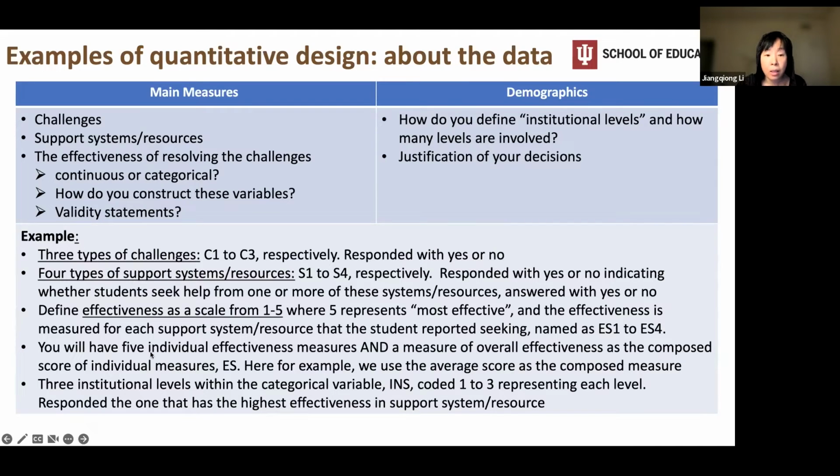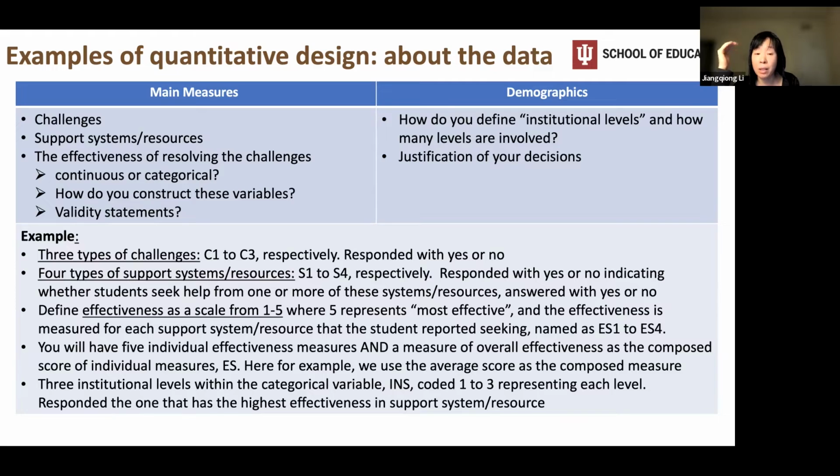And you can also consider, for example, we identified 4 types of support system or resource. Do you want to have your effectiveness measure individually for each of the 4 support systems, or do you want an overall measure of all the support systems or resources?